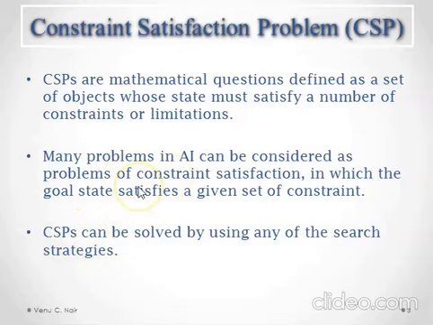CSPs can be solved by using any of the search strategies we have seen. Only the limitation is that with these strategies or searching algorithms, we have to go with the constraints or conditions associated with those operations.